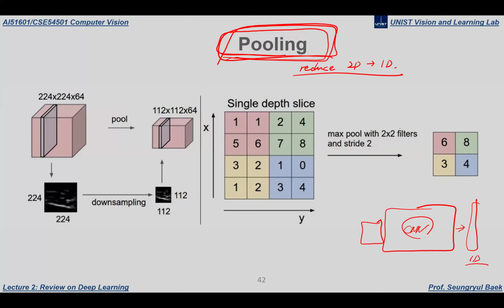So pooling is wanting to reduce the dimension of 2D signals.